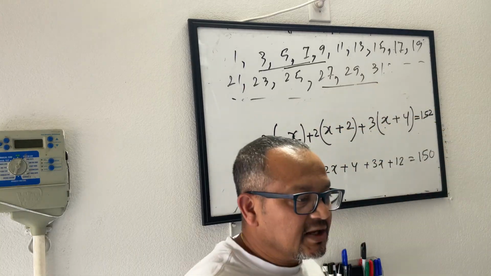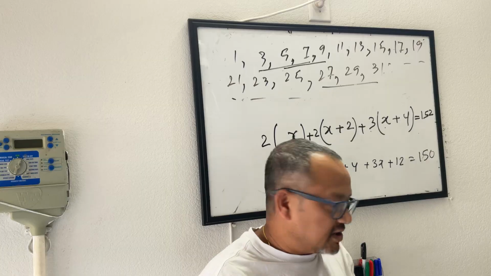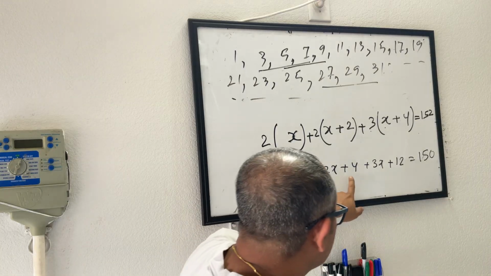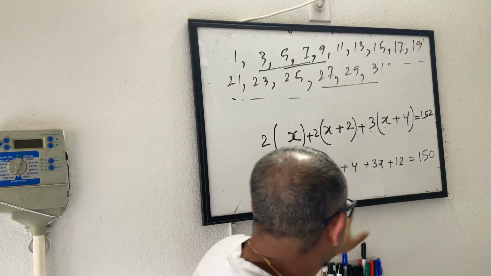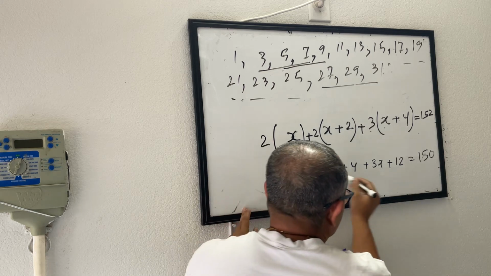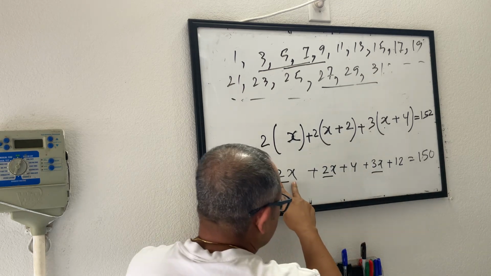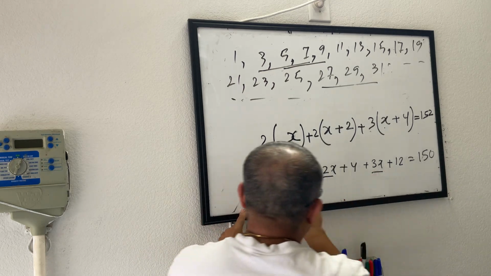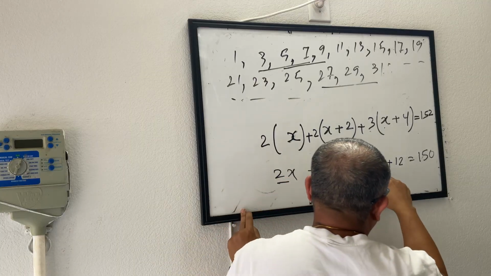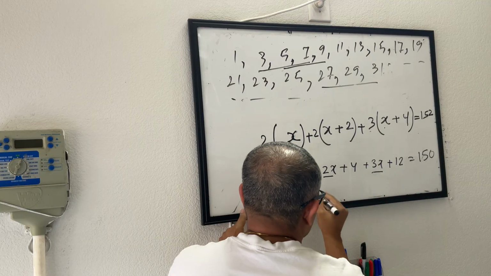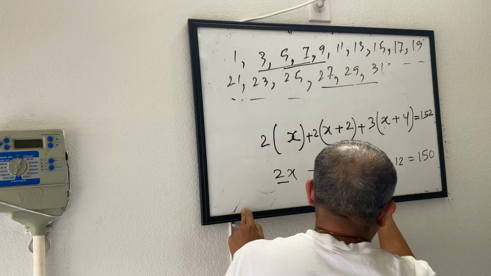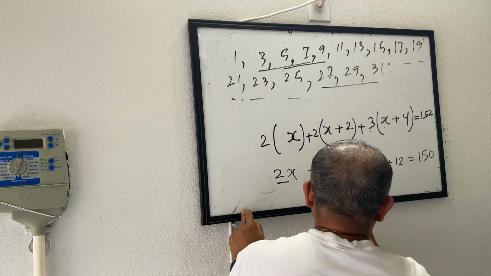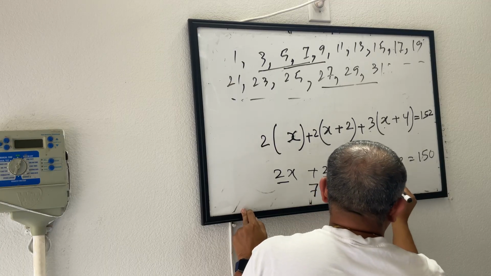Now we are going to deal with apples and oranges together, meaning all the numbers are apples and all the things with x are oranges. 2 oranges, 2 oranges, 3 oranges. 2 plus 2, 4 oranges plus 3 oranges, 7 oranges. 7x. And I have 4 plus 12, 16 equals 152.